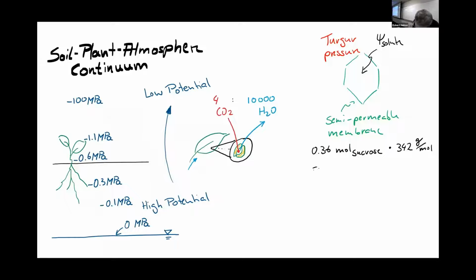So that turns out to be 124 grams of sucrose per liter of solution. Okay, and that 0.36 mole sucrose concentration of the solute here within the cell would correspond to a solute potential in the order of -1 megapascal.